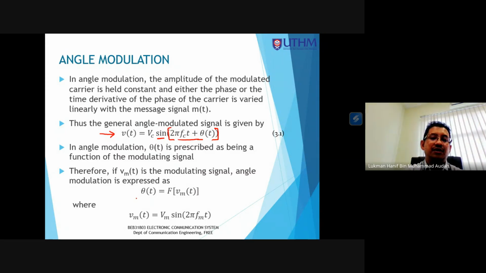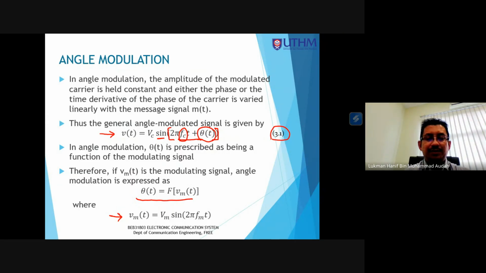In equation 3.1, you're gonna see that the parameter theta, and also the frequency of the carrier, varies according to the time. So vm(t), we still use the same vm(t) like in the AM, where it is equal to Vm sine 2 pi fm t.